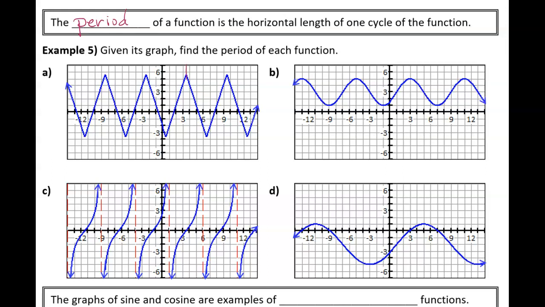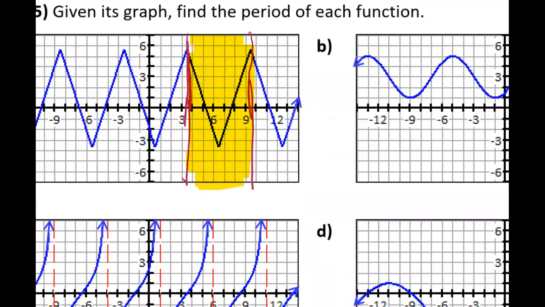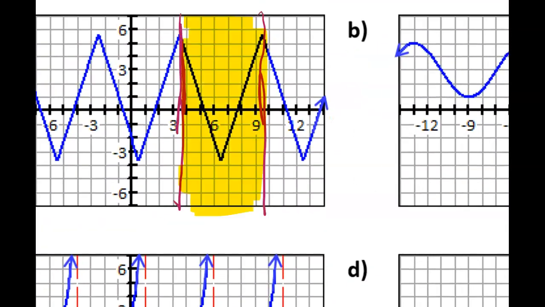So, for instance, one whole cycle could be this graph going downward and then back upward to the same peak. If I treat that as one full cycle, then we need to find the horizontal length of that one cycle. I'm going to make this look a little bit bigger here, and it looks like this cycle starts at about 3.5 and it ends at about 9.5.